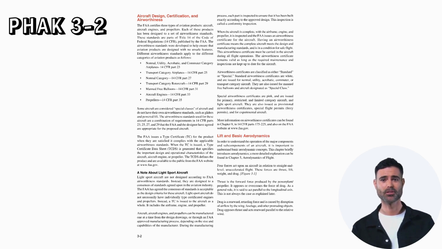Special airworthiness certificates are pink and are issued for primary, restricted, and limited category aircraft and light sport aircraft. They are also issued as provisional airworthiness certificates, special flight permits, ferry permits, and for experimental aircraft. More information on airworthiness certificates can be found in Chapter 9, in 14 CFR Parts 175-225, and also on the FAA website at www.faa.gov.